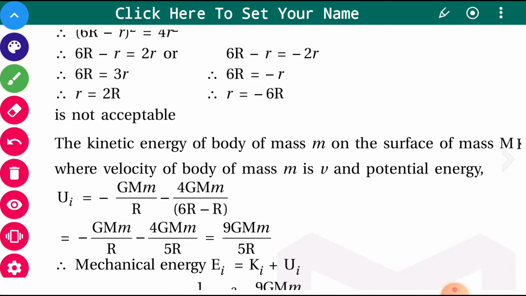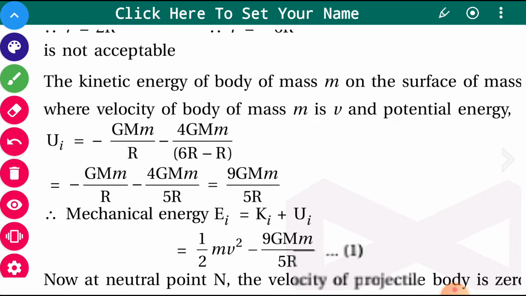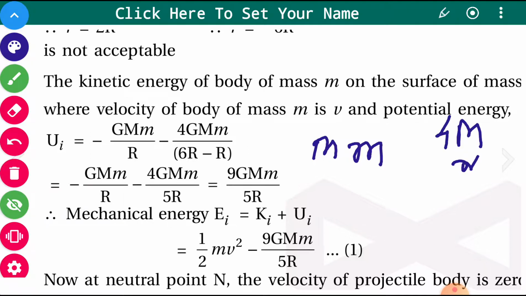Now see, kinetic energy of the body of mass m on the surface of the first sphere is 1/2 mv square, where velocity of the body of mass m is v. And what is the potential energy now? That potential energy is the potential energy of the system of M and small m and 4M and small m.